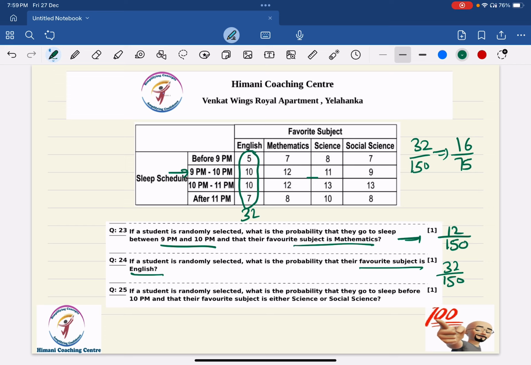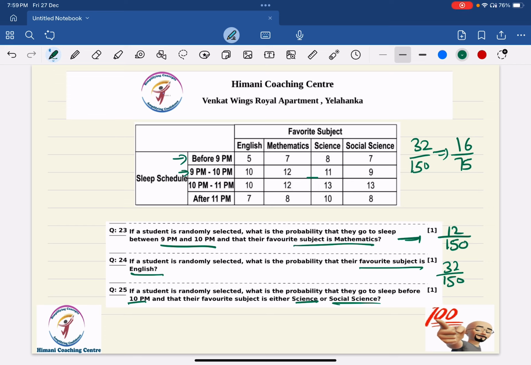Then the last question from this is: if a student is randomly selected, what is the probability that they go to sleep before 10 p.m. and their favorite subject is either science or social science? Before 10 p.m. means what? All these students between 9 p.m. to 10 p.m. and before 9 p.m. And their favorite subject is either science or social science.